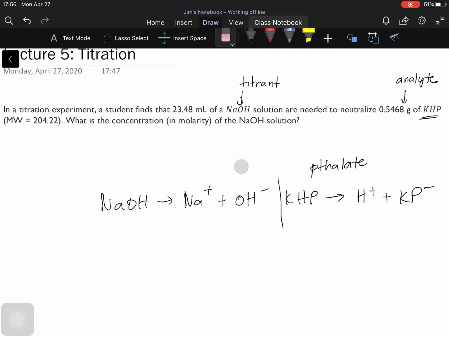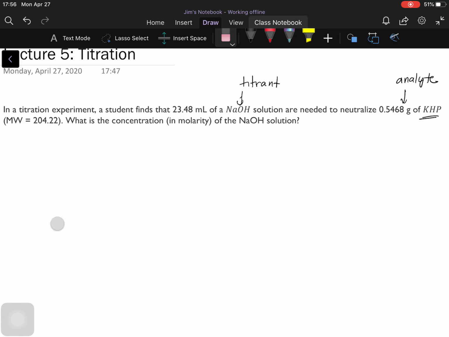Let me rewrite the whole equation. Sodium hydroxide will react with KHP to produce water and sodium potassium phthalate. Okay, so that is the idea.